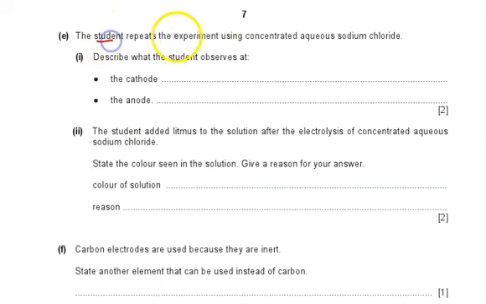Okay, the student repeats the experiment using a concentrated aqueous sodium chloride. Okay, once you have the word concentrated, it will be affecting the anode side. Okay, let me explain to you in further detail at the end of this page.